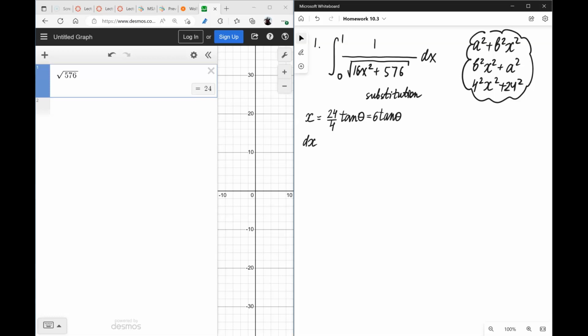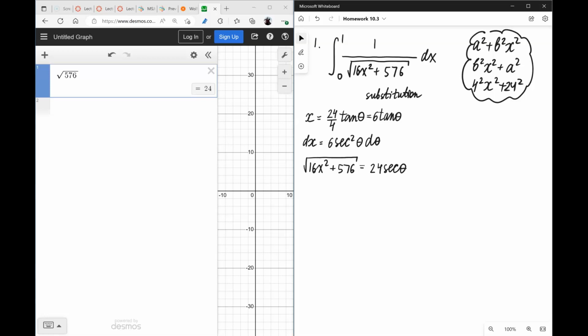So dx becomes 6 secant squared theta d theta, and the square root of 16x squared plus 576 becomes just 24 secant theta.